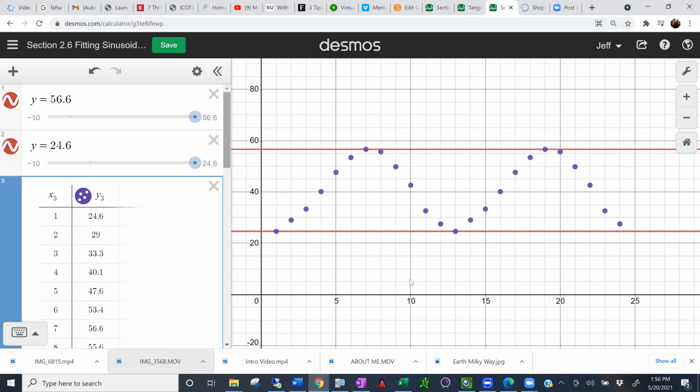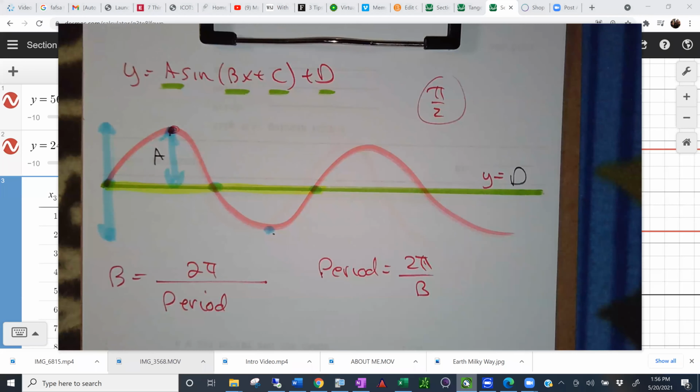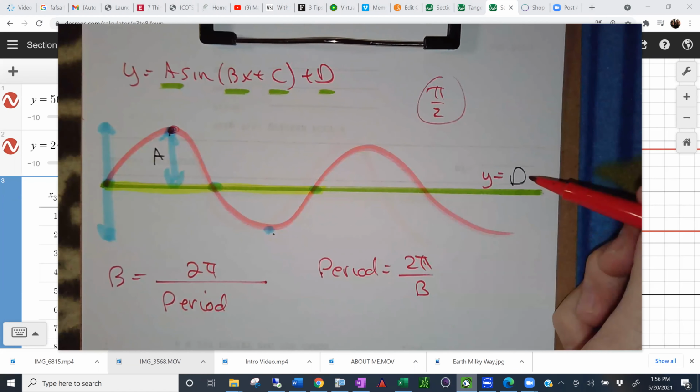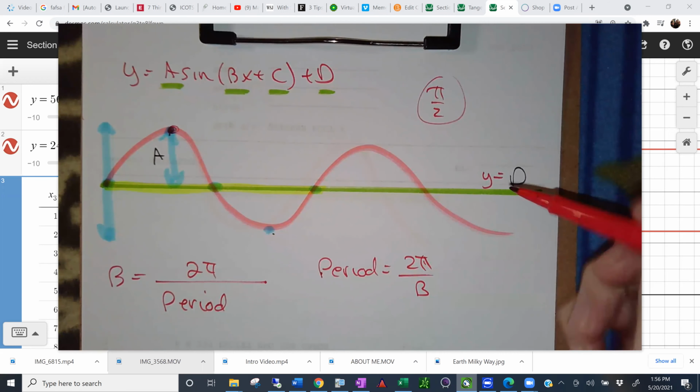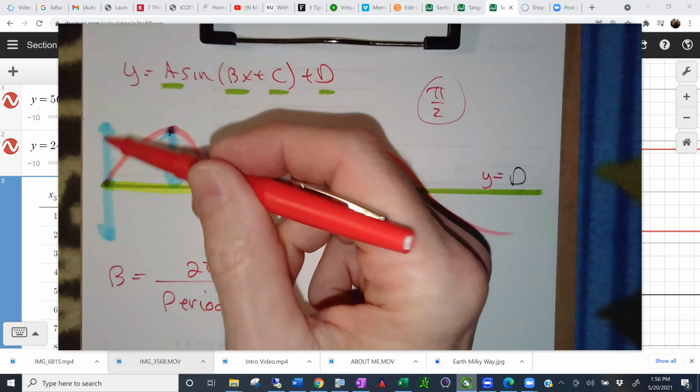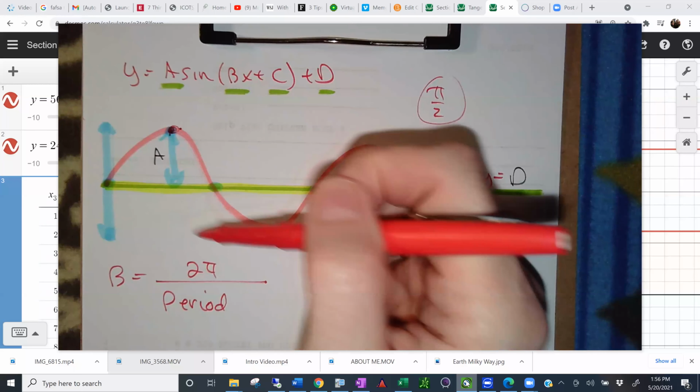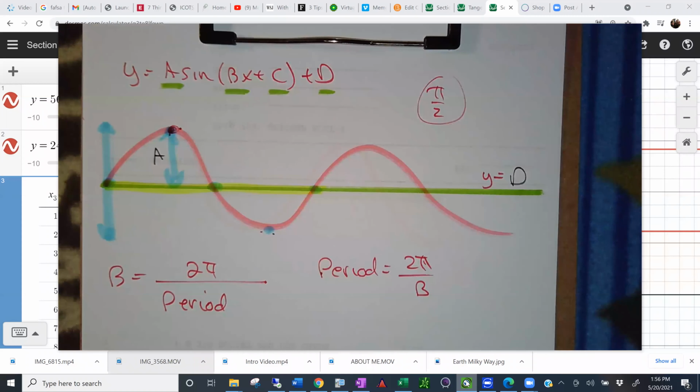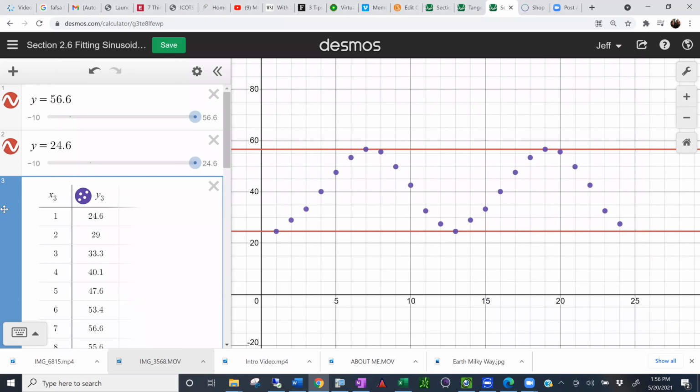For instance, maybe we can figure out what the height is for D. D is going to be halfway between the top line and the bottom line. So how could I figure that out? We could average those, right? You could take 24.6 and add 56.6 and divide by 2.